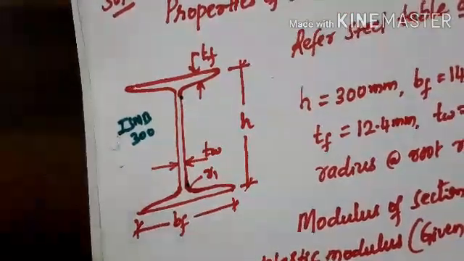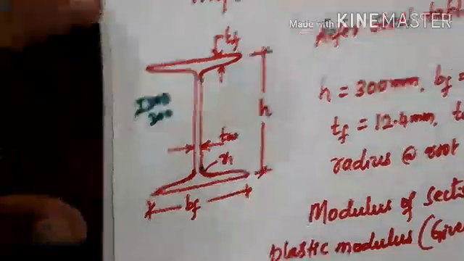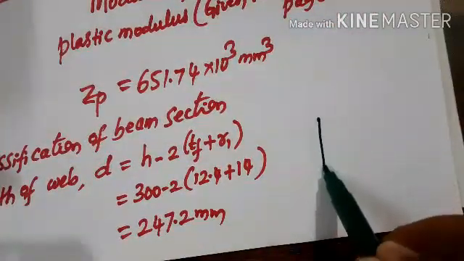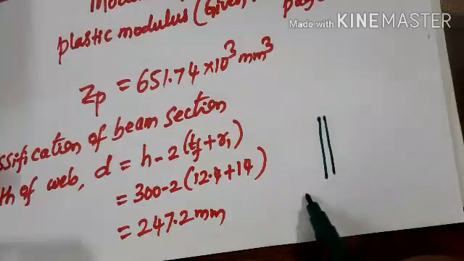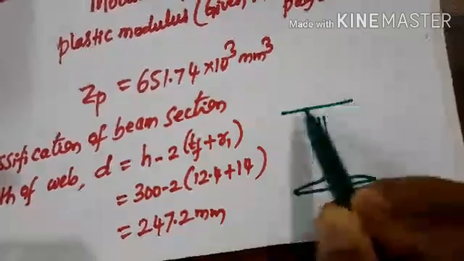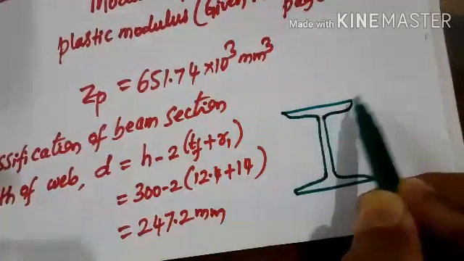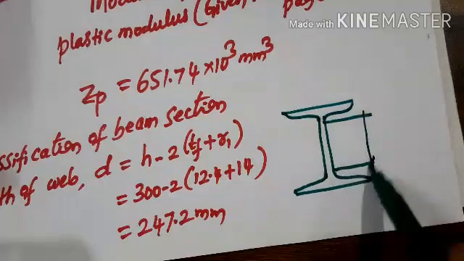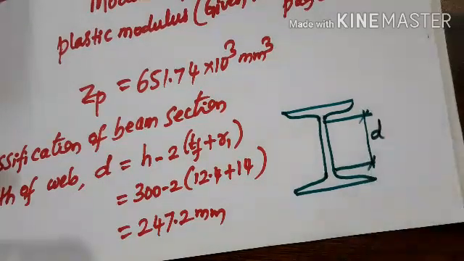The effective depth D, if this is the I section, is to be measured from here to here, the depth of web.